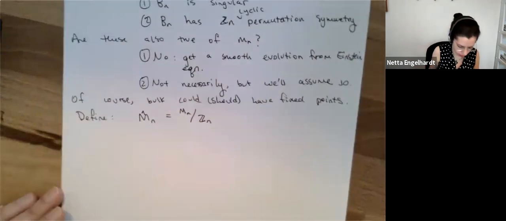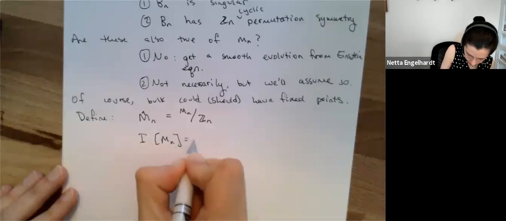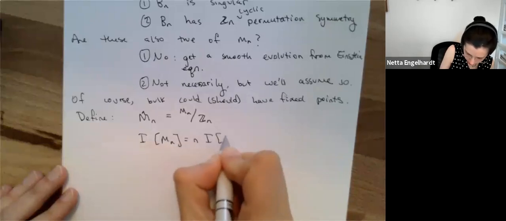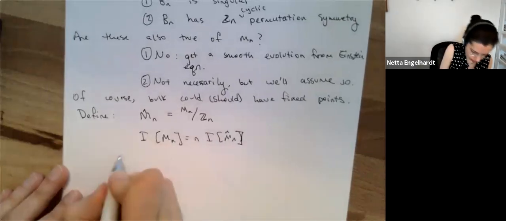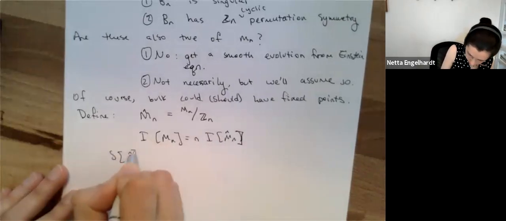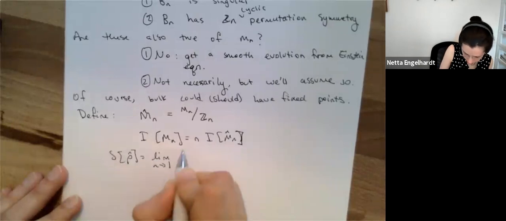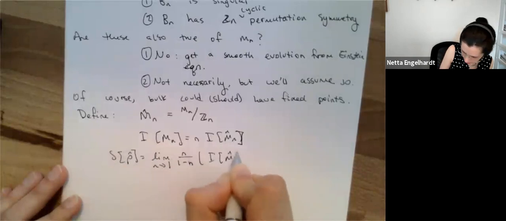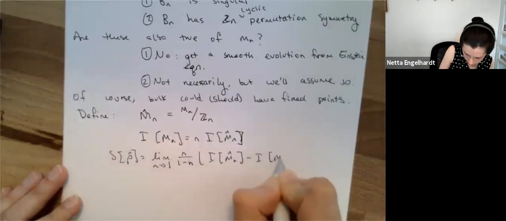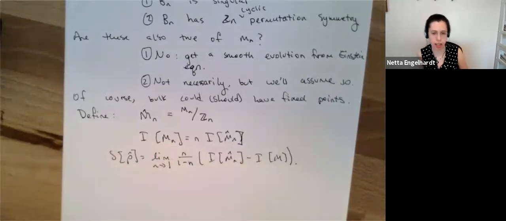So now we have I of Mn is n I of M hat n. So S of rho hat is going to be the limit as n goes to 1 of n over 1 minus n, I of M hat n minus I of M1. Again, these are now evaluated on the same boundary.